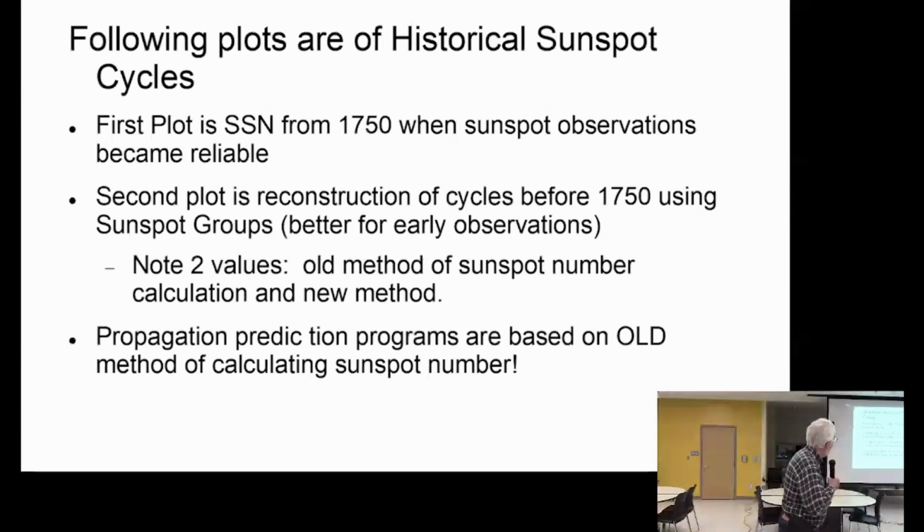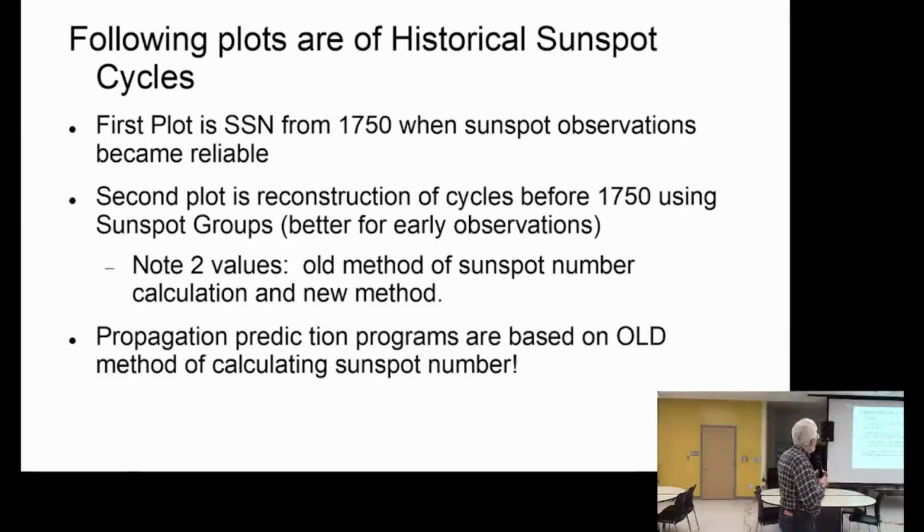I'm going to show you some plots of historical sunspot cycles. The first is sunspot number from 1750, when the sunspot observations became reliable, and I'll show you why. And the second plot is a reconstruction of cycles before 1750 and continuing on, using sunspot groups rather than actual sunspot number, because the telescopes were so poor that whether you had one spot or multiple spots was hard to tell.